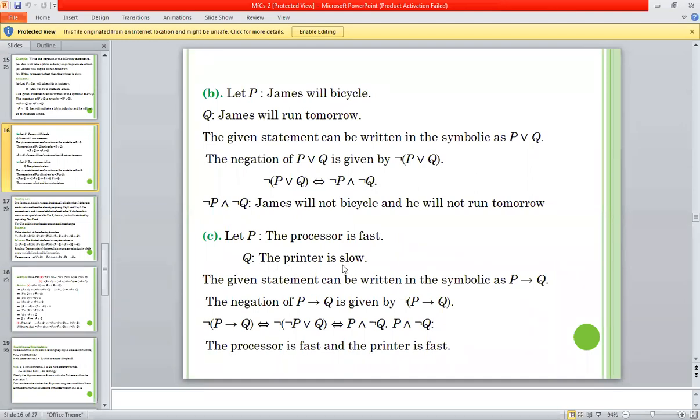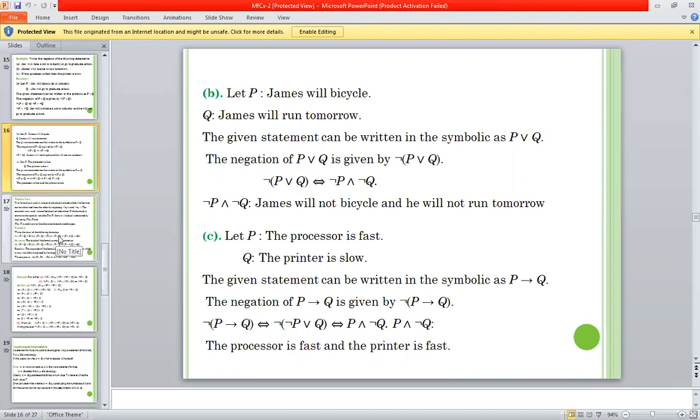The printer is slow. The opposite word of slow is fast, so the printer is fast. So the negation statement of the given statement is: the processor is fast and the printer is fast. Okay.